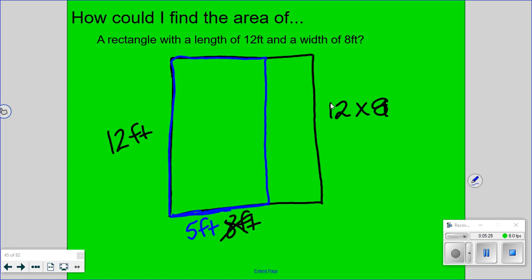What math am I going to use now? What math can I use to find the area of this mini rectangle? Ava, what math can I use? Maybe skip counting by 5, 12 times?